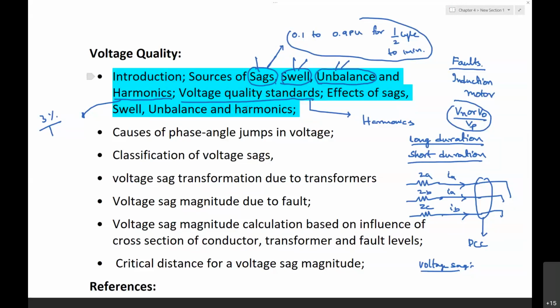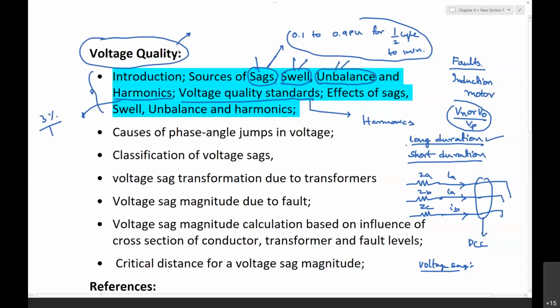Apart from these, the short duration and longer duration voltage variations also influence the voltage quality. Long duration voltage variations we have not come across in this introduction, but because of them also, the quality of the voltage is going to be affected.